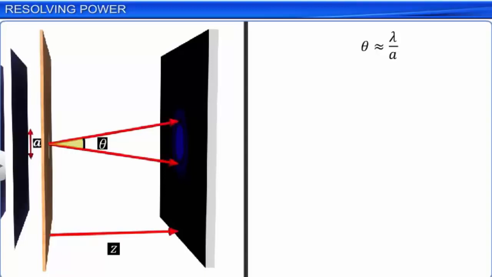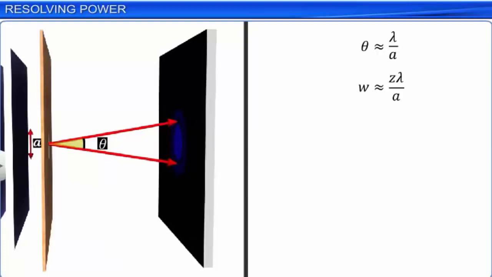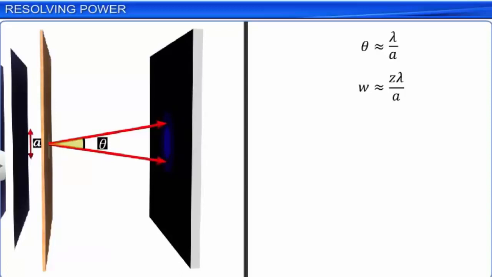The value of z, for which the spreading of the image due to diffraction is approximately equal to the size of the aperture A, is called the Fresnel distance. That means, if w is equal to A, then z is equal to zf.